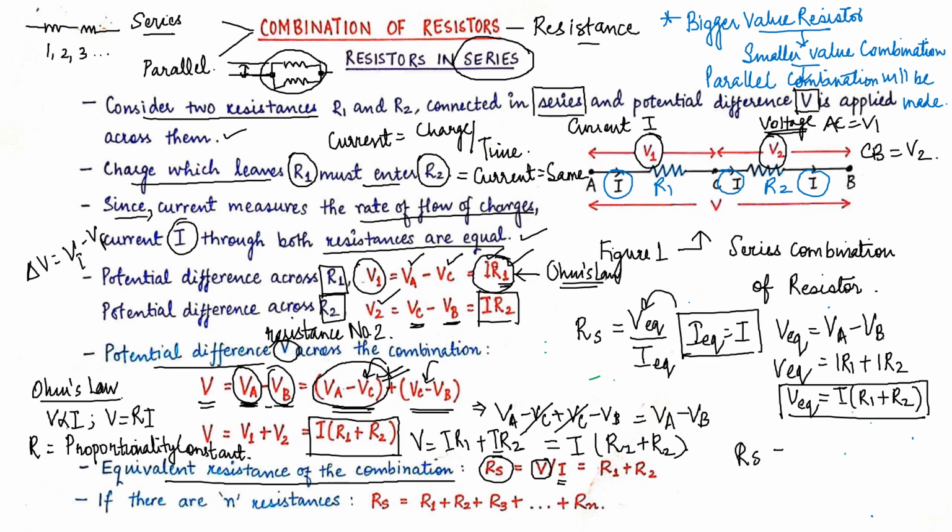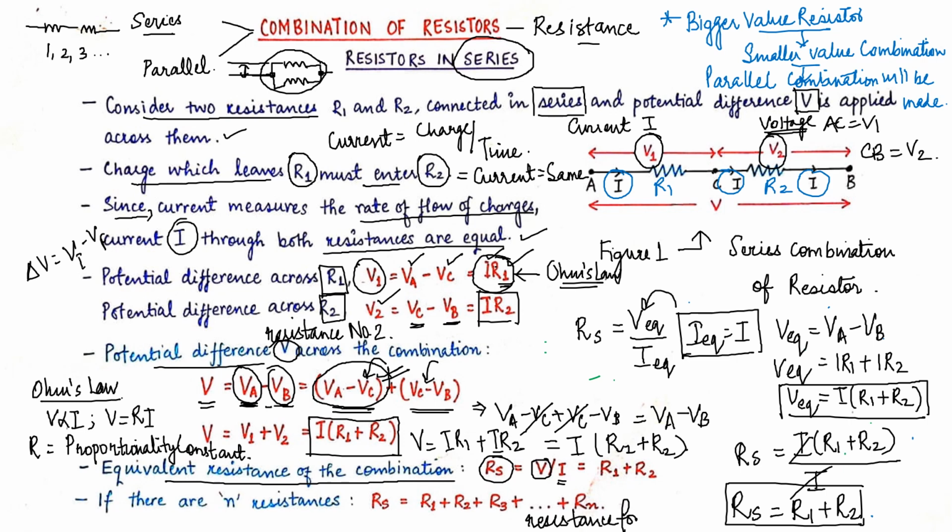So Rs equals I into R1 plus R2 divided by I. Hence I and I will cancel, giving us Rs equals R1 plus R2, which is the equivalent resistance, or resistance for the combination. Okay, hope you understood how we have derived it.